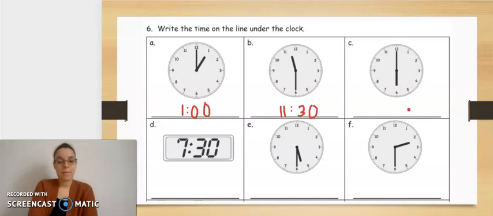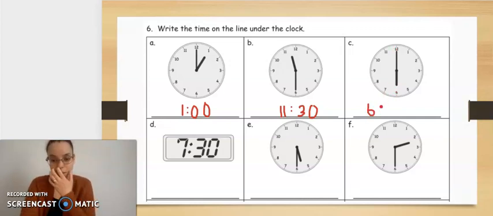All right, what's this one say? Oh, I know what that says. 12:30, right? No. The hour hand is pointing on the 6. So the hour hand is pointing on the 6. The minute hand is going up, which means o'clock.